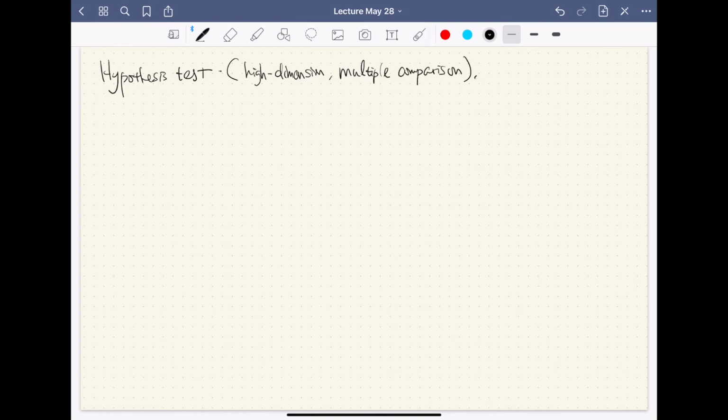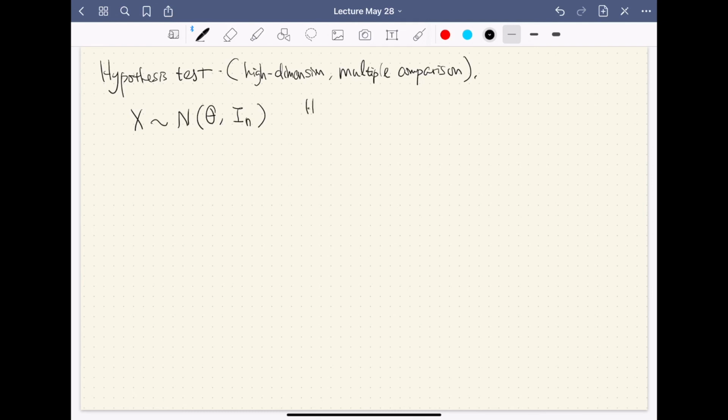Since I only have 10 minutes left, I will only be able to give a brief start of this topic. So let me start with a concrete problem, where we have a multivariate Gaussian vector with mean theta and covariance identity, with dimension n.